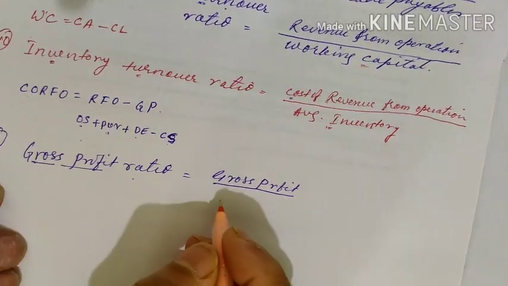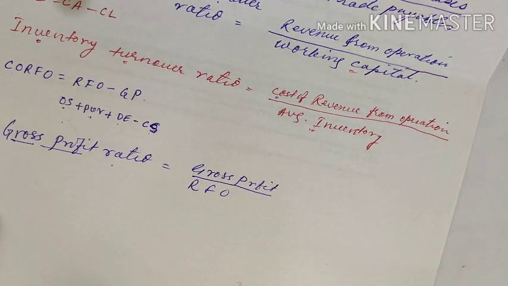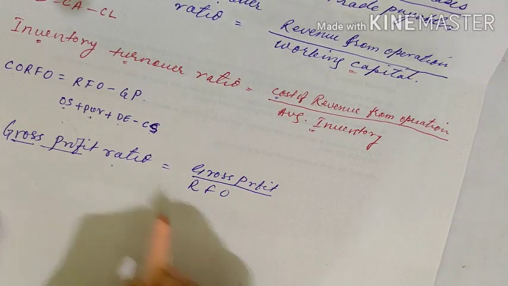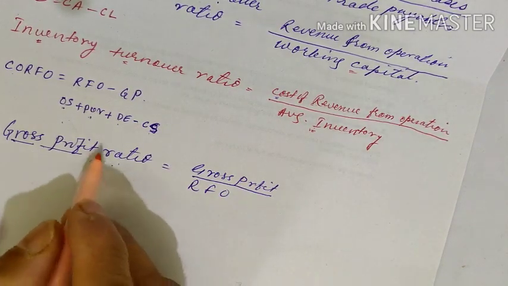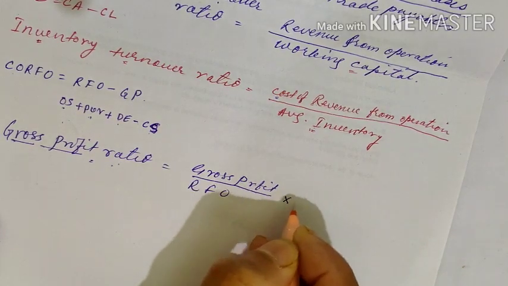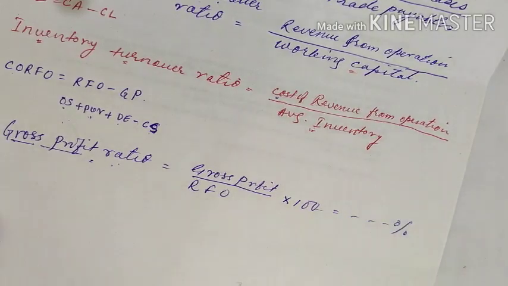So the another factor is sales, that means revenue from operation. This is your ratio. Gross profit ratio is there, but mostly this gross profit is expressed in terms of percentage. So here we'll multiply by 100 and you will get the answer in percentage.